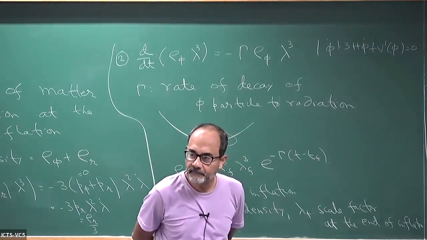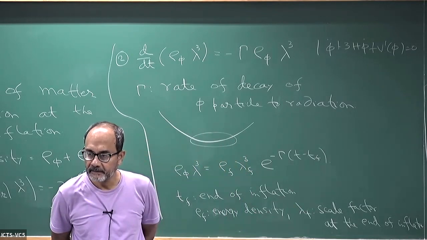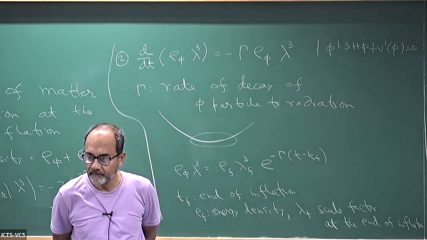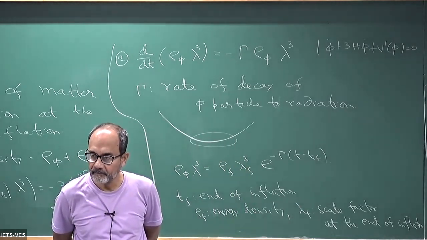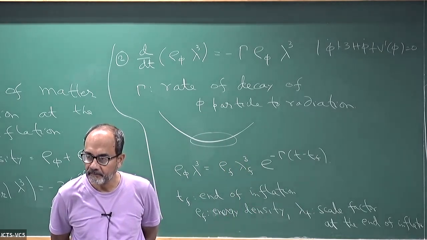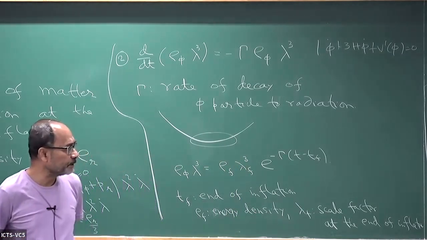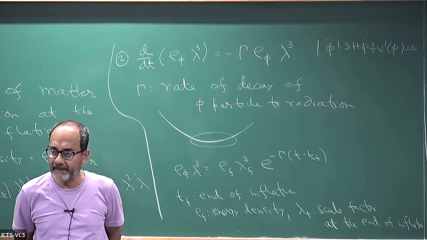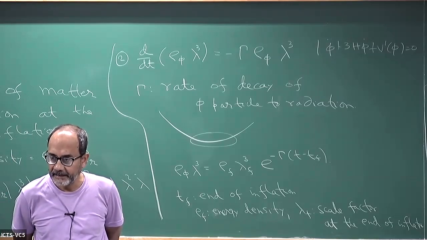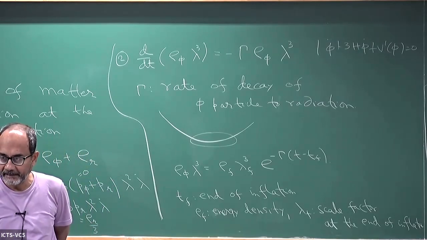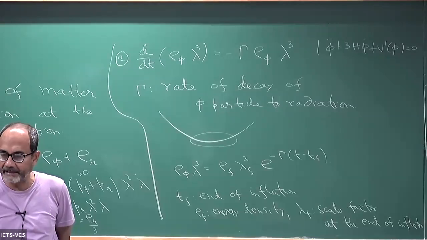Since radiation falls as 1 by lambda square due to the expansion, and since phi density has not completely become zero, over the period of time we should be able to see some phi. Yes, but gamma is microscopic, so that decay rate is typically very, very fast. So it will be exponentially suppressed density of phi, because phi is decaying away with this rate gamma. That will get depleted very fast.